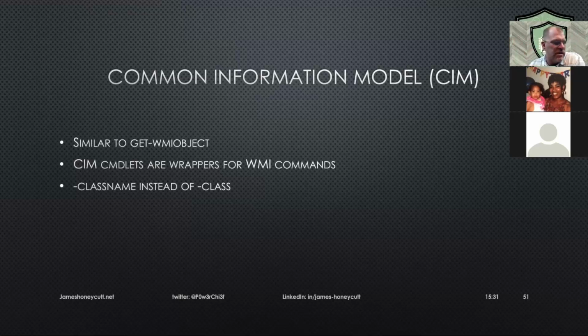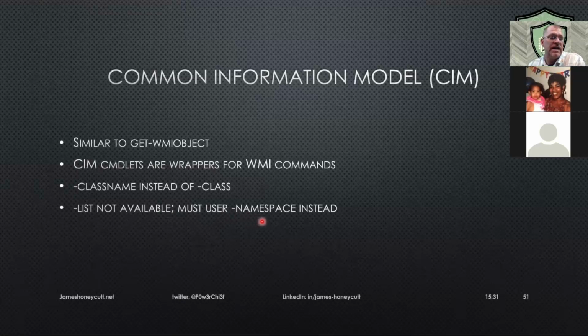Also, the list parameter is not available. You must use a namespace instead. So that's how you get a list of all the things that are available. You have to use namespace versus list.